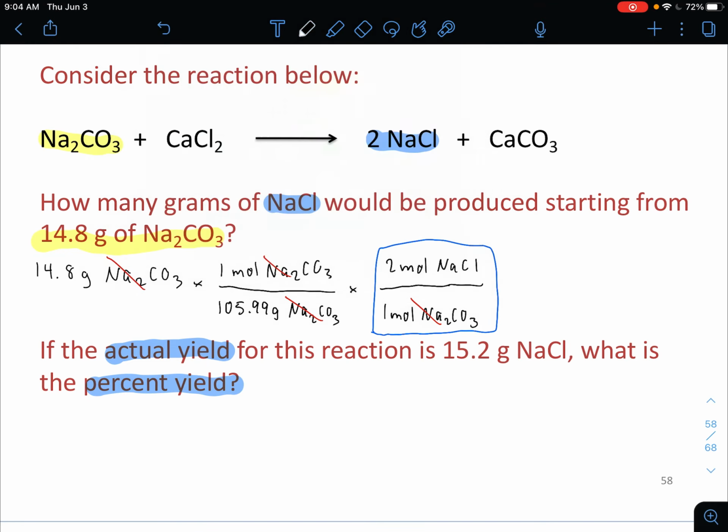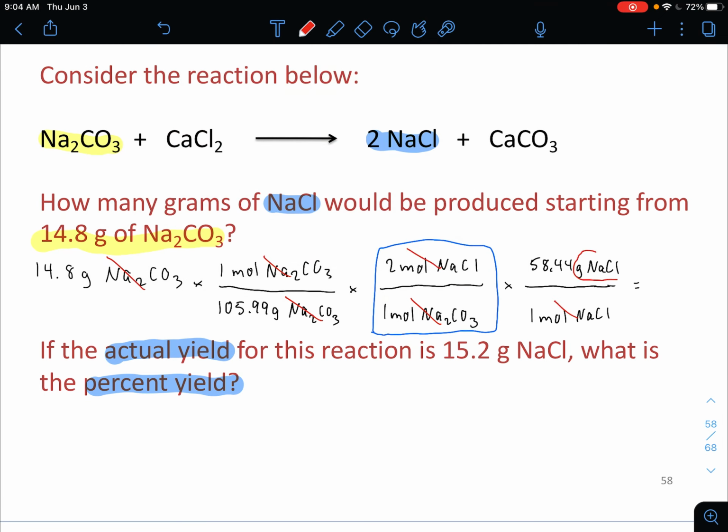And so then in the last step here, 1 mole of sodium chloride equals 58.44 grams of sodium chloride. All right, looks like I made it work there in that space. So moles of product cancel.